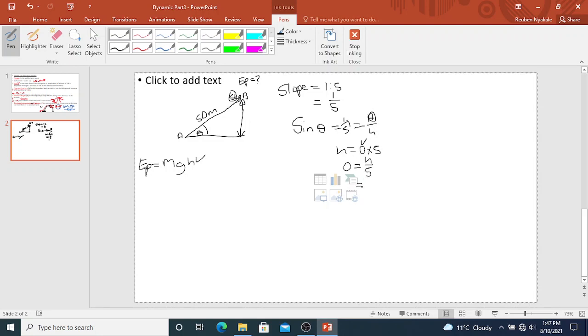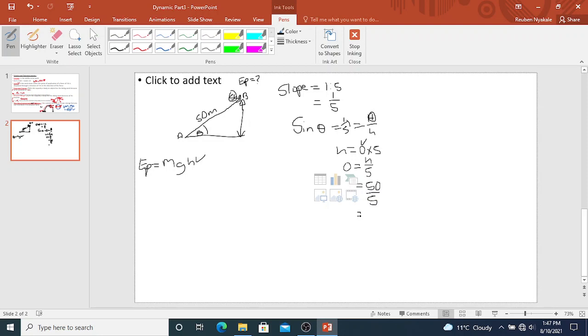Remember, H is our hypotenuse, and it is 50 divided by 5. Then you will get your height.